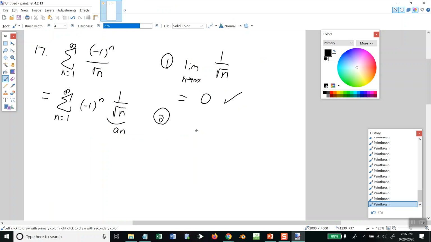Two, check that a sub n plus 1 is less than or equal to a sub n. So we'll plug in n plus 1 for the n. Now I have 1 over square root of n plus 1. This will be 1 over the square root of n.